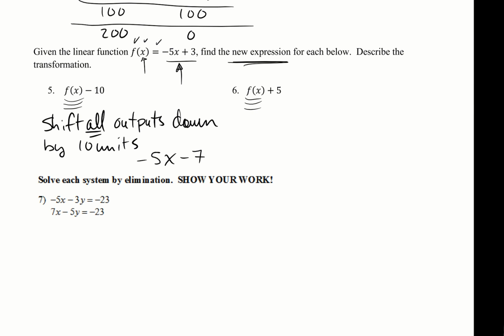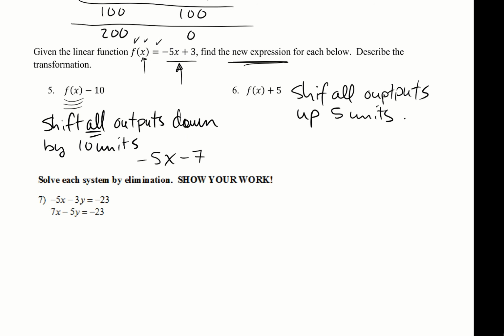So this is now shifting all outputs up 5 units. Everything gets increased by 5 units. So again, here's the output, and then I'm going to increase the output by 5 every single time.